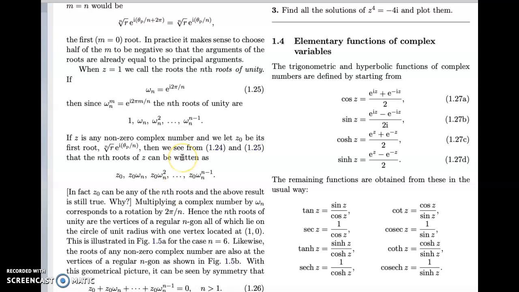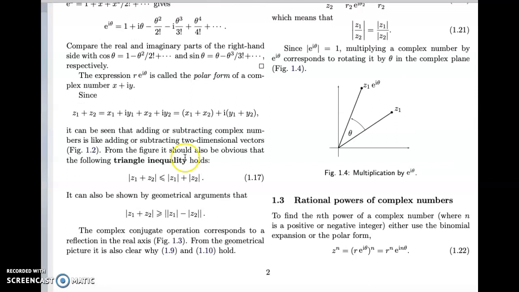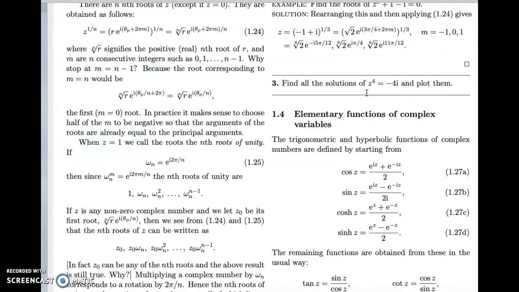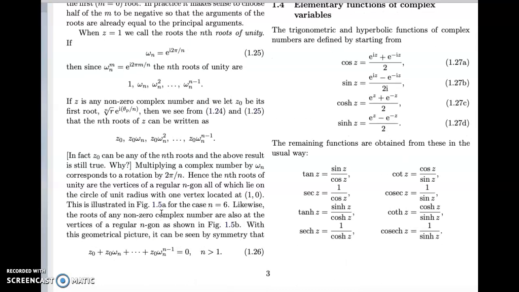Now, if you remember from what we were saying shortly before, if you multiply a complex number z1 by e to the i theta, you just rotate it by angle theta. So effectively, when we multiply z0 by omega sub n, we're just rotating it by 2 pi over n and not changing its size.